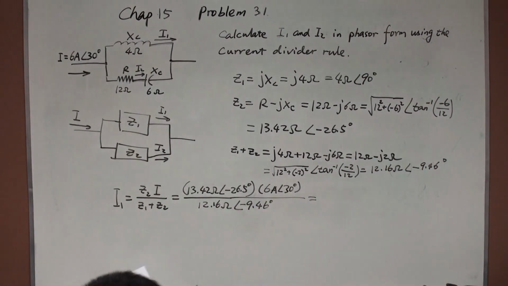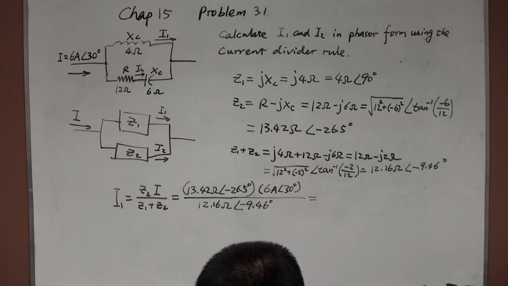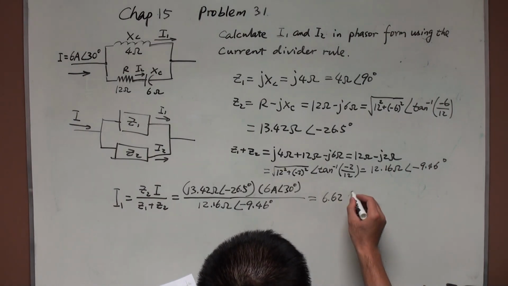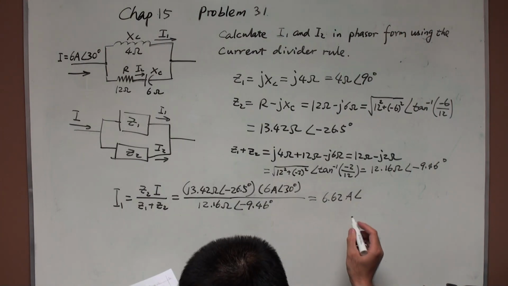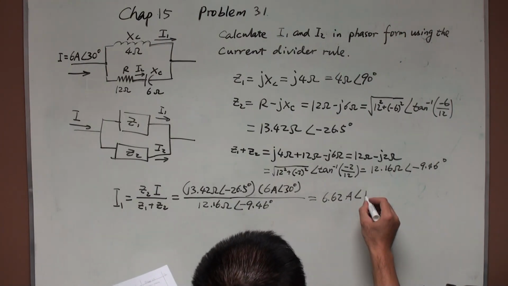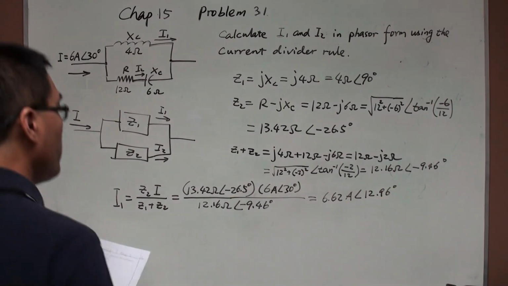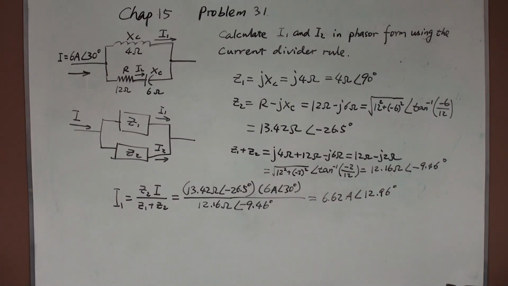Do all the calculation, and you will have 6.62 amps with an angle of 12.96 degrees. That's for I1.